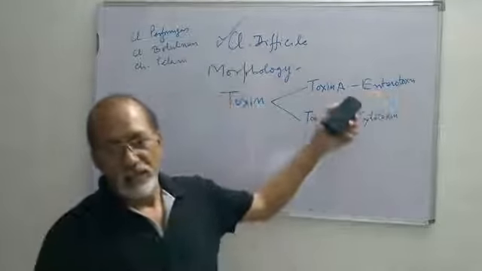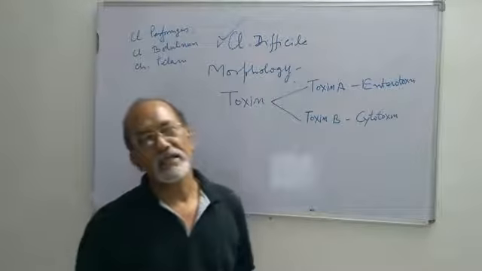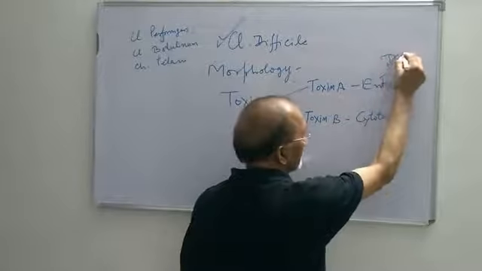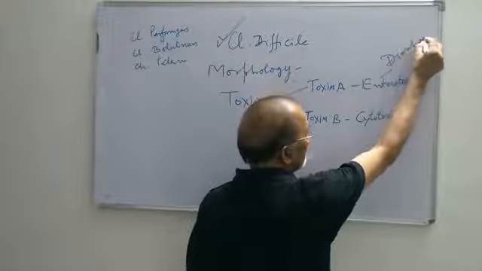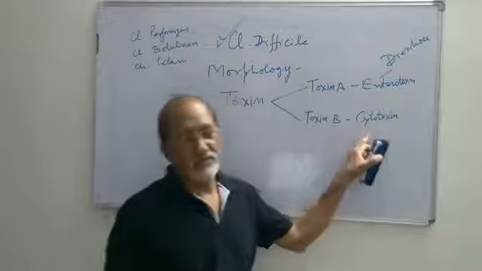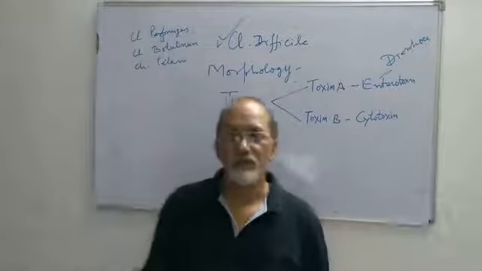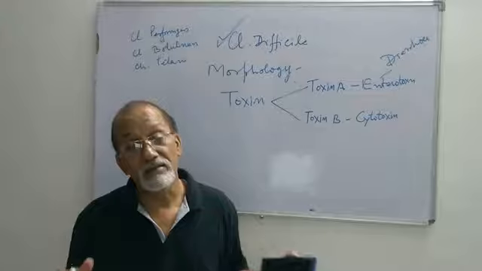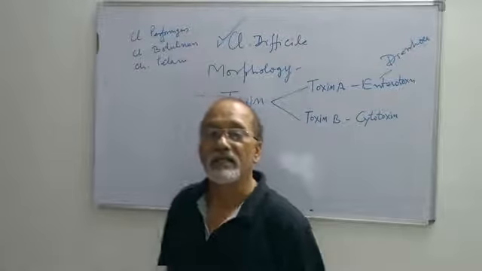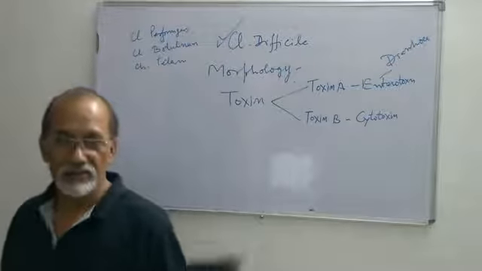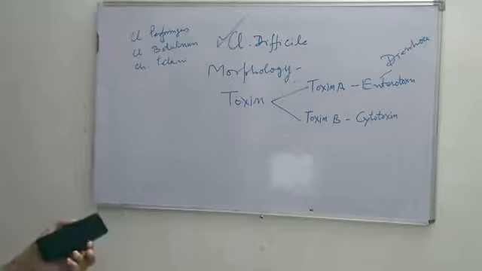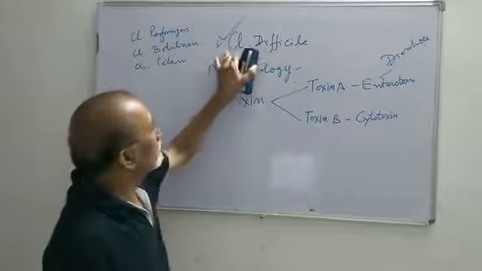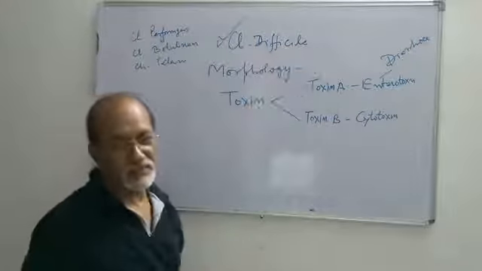This enterotoxin is primarily responsible for diarrhea, and this cytotoxin is capable of producing cytopathic effects in several tissue culture cell lines. So these are the two toxins which are produced by this Clostridium difficile.